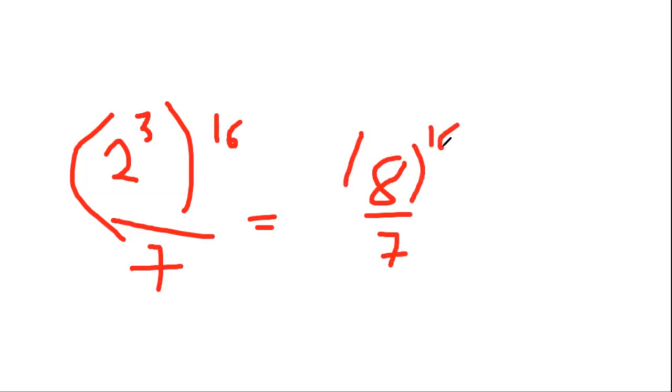And 8 and 7 remainder is plus 1. So plus 1 to the power 16. So what you get is plus 1. Right, guys? Done? Fine. Okay. Now solve this.